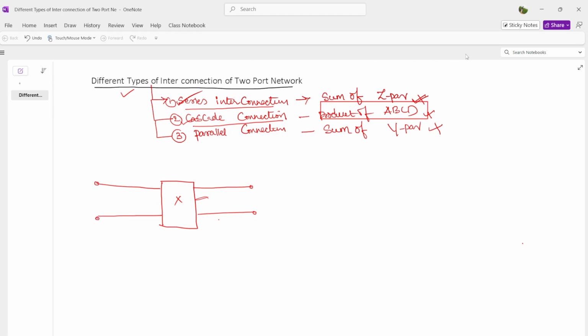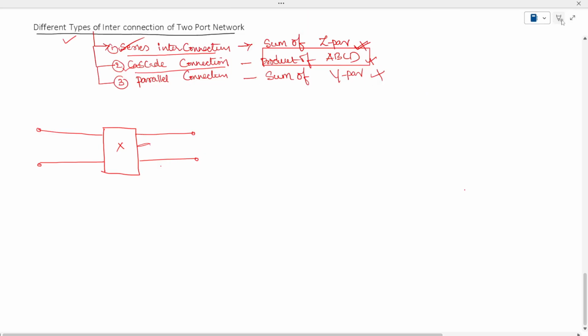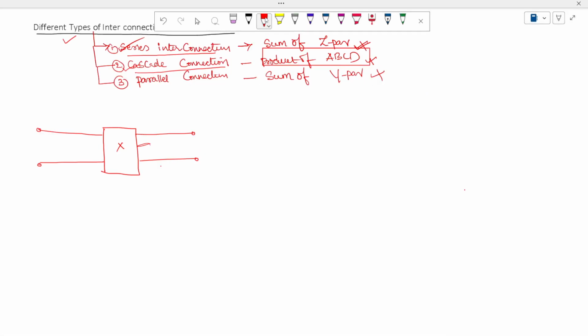And we are going to select another two-port Y. So this is nothing but a two-port network with these two terminals.